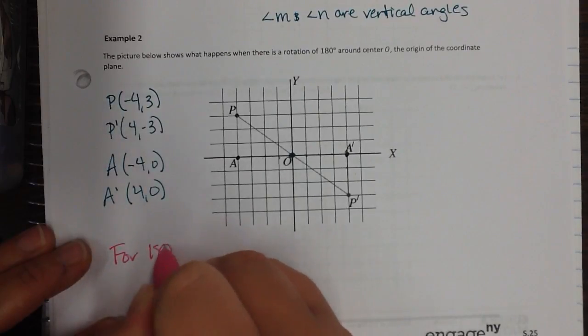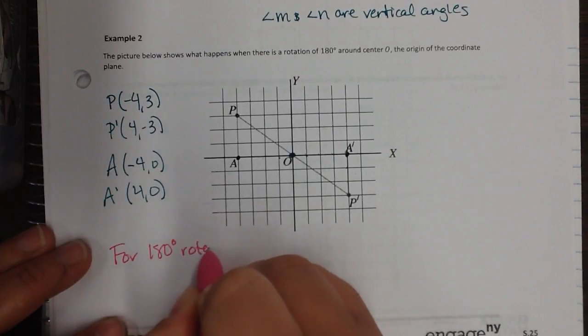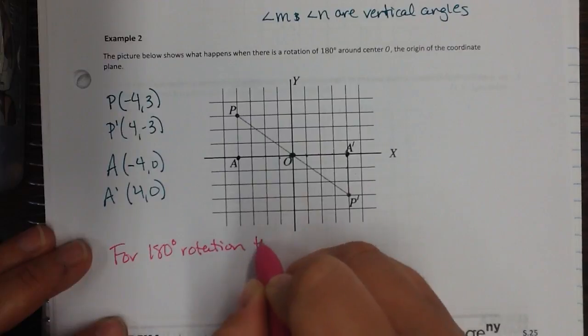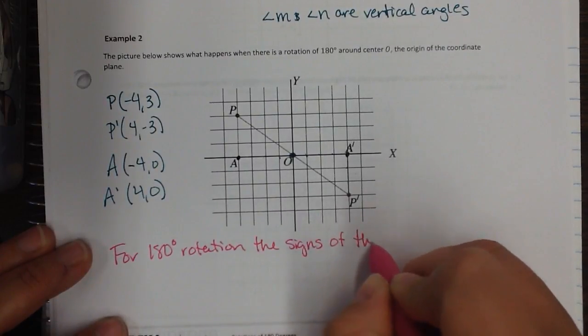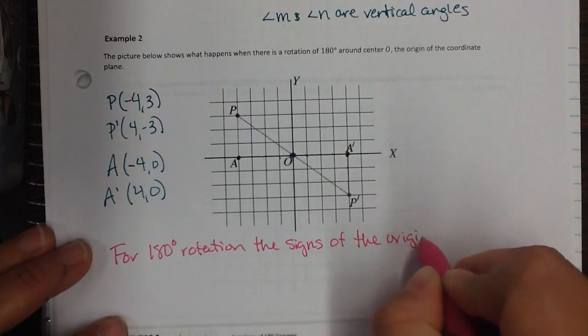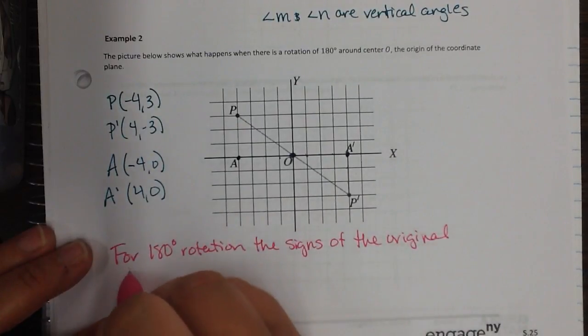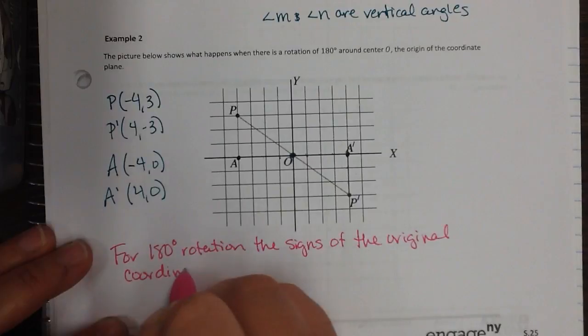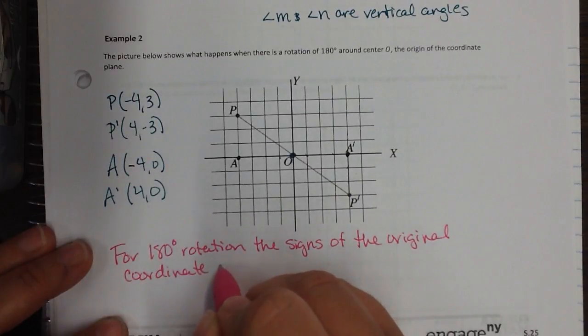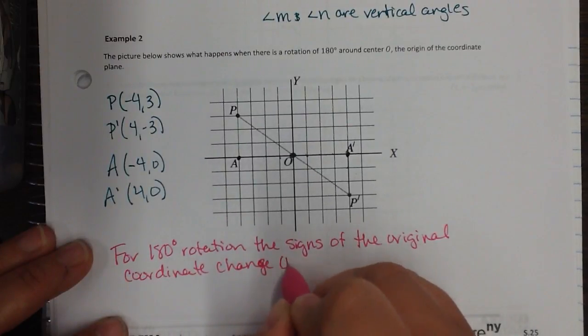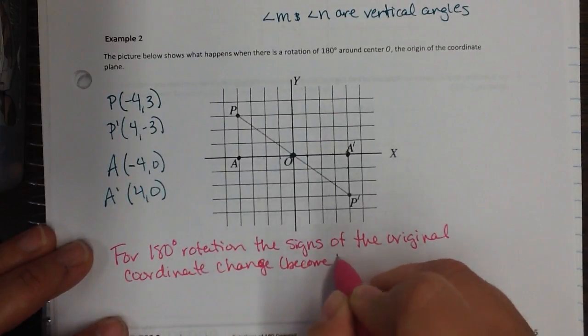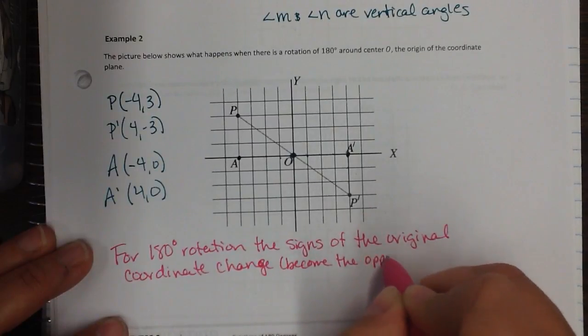So for a 180-degree rotation, the signs of the original coordinate change or become the opposite.